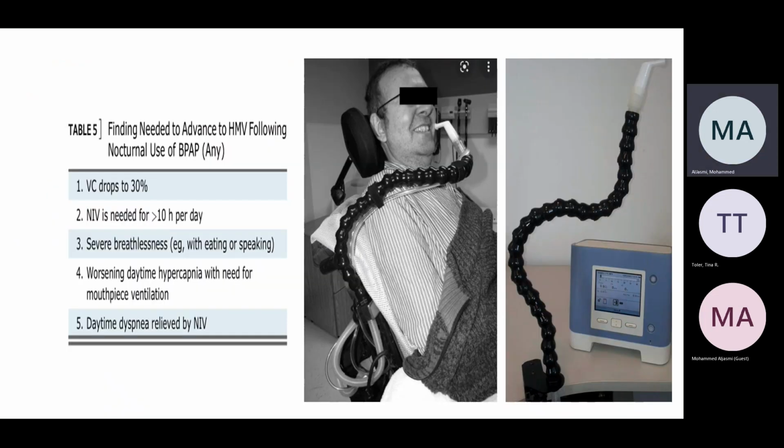And I don't know if you've heard of this, the mouthpiece, and I'll conclude with this. Whatever I told you earlier is the indication to start NIV at night. I'm not talking about a trach. I'm not talking about 24/7 ventilatory support.